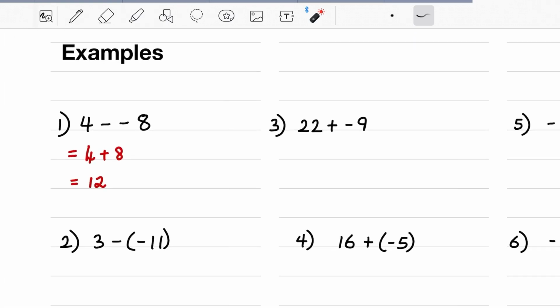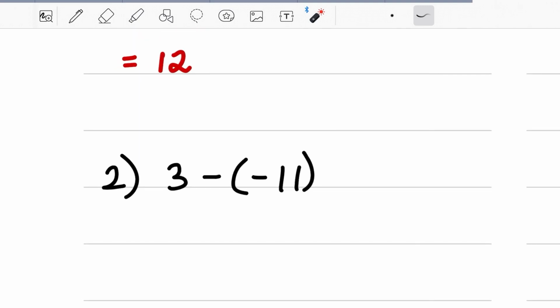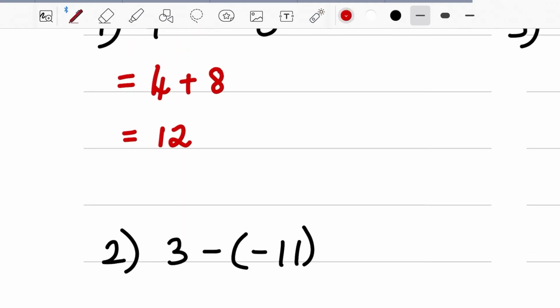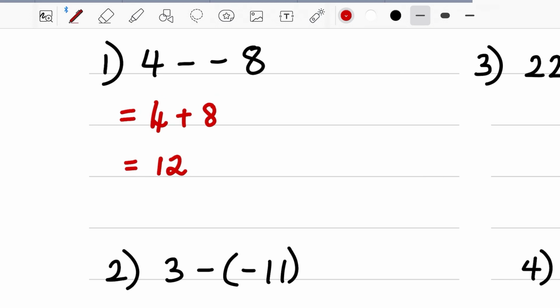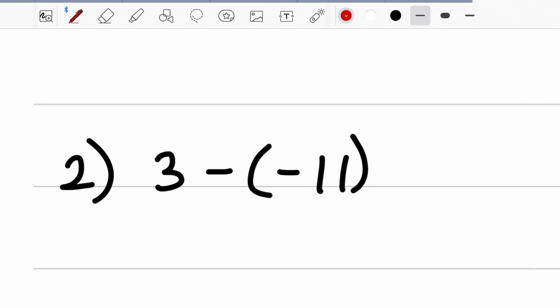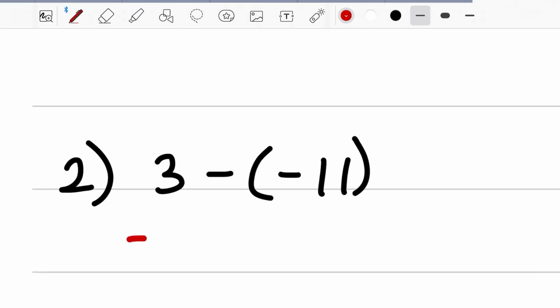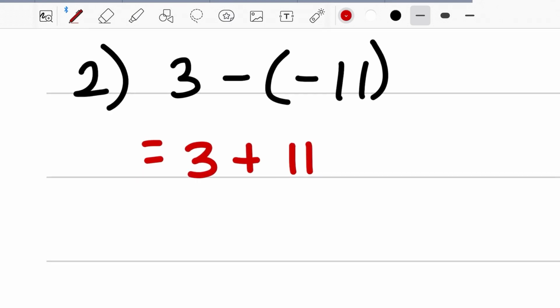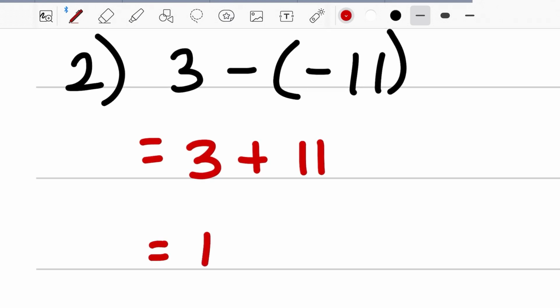For example 2, we have 3 minus (minus 11). This is the more common way that you will see it. You will see a negative sign and this number in brackets here. Okay, so 3 minus minus 11 simplifies to 3 plus 11, since we have two negative signs. 3 plus 11 is equal to 14.